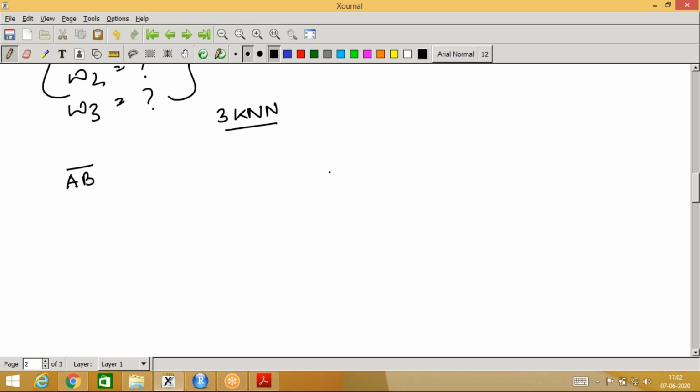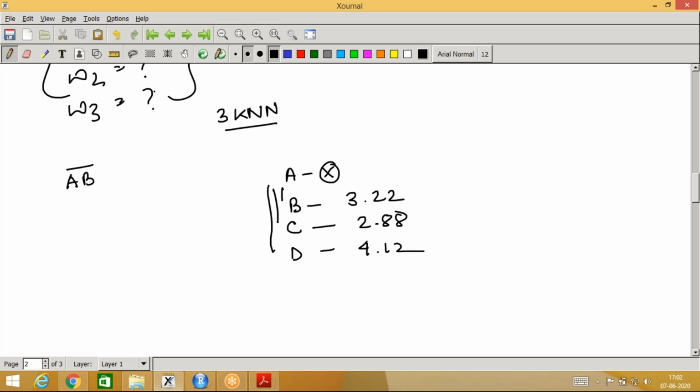So I got this point, which is A. I find the distance of A with B is 3.22, A with C is 2.88, and A with D is 4.12. These 3 values I have found out.